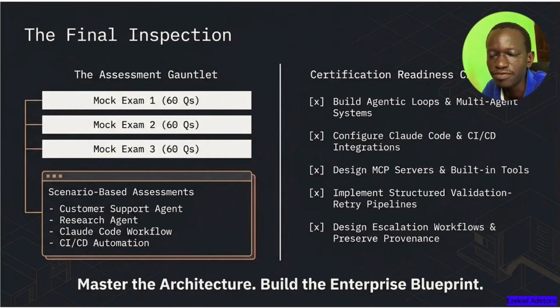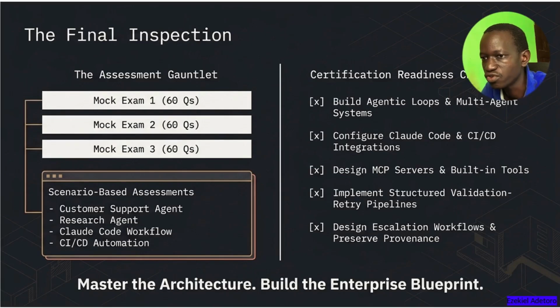At the end of the video, we are going to look at mock examinations 1, 2, and 3, and I will strongly encourage you to go through the mock exams. Then we have scenario-based assessments: customer support agent, research agent, Claude Code workflow, and CI/CD automation. Those are the scenario-based agents that they expect you to know how to build.